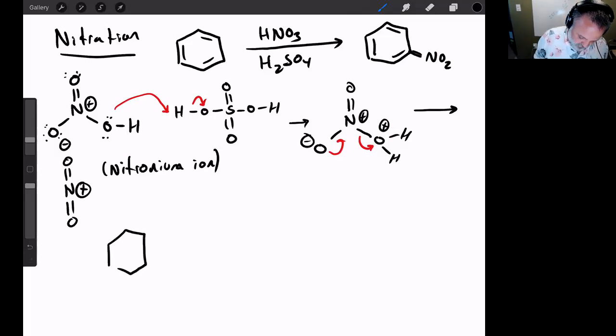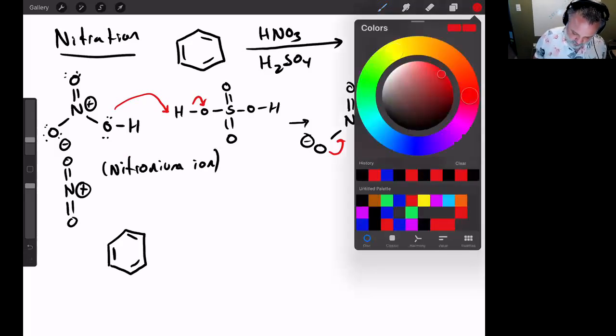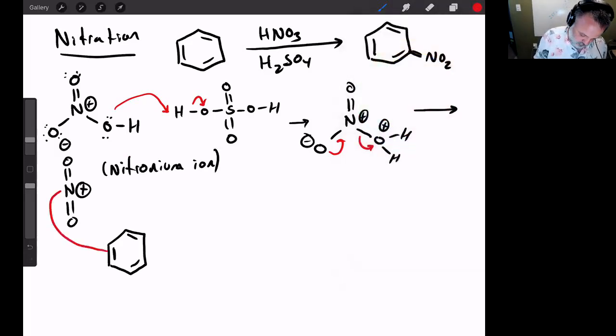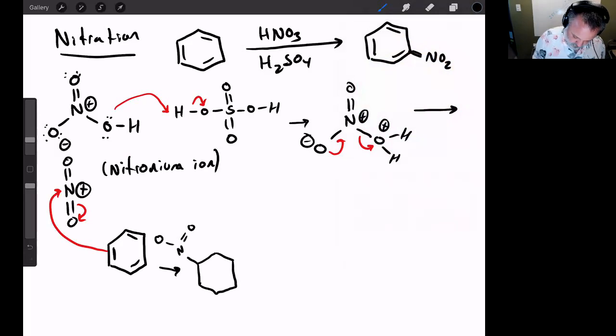So now that we have an electrophile, we can take a benzene ring, extra arrow there to show my octet rule. Now I've got NO2, negative there, positive here. These double bonds are still in place.